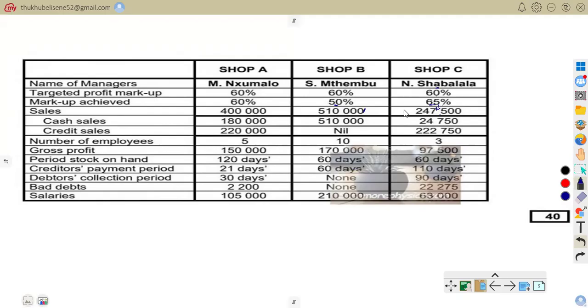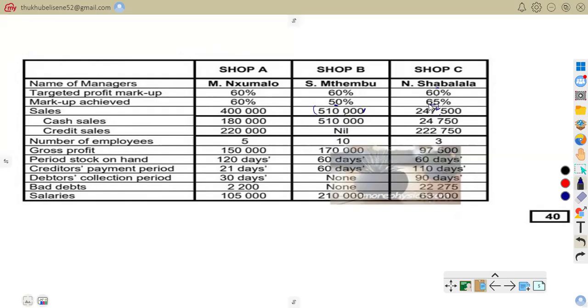So Mutembu decreased his prices by 10% because it's no longer 60%. It's now 50%, and because of the discount his sales increased to 510,000.